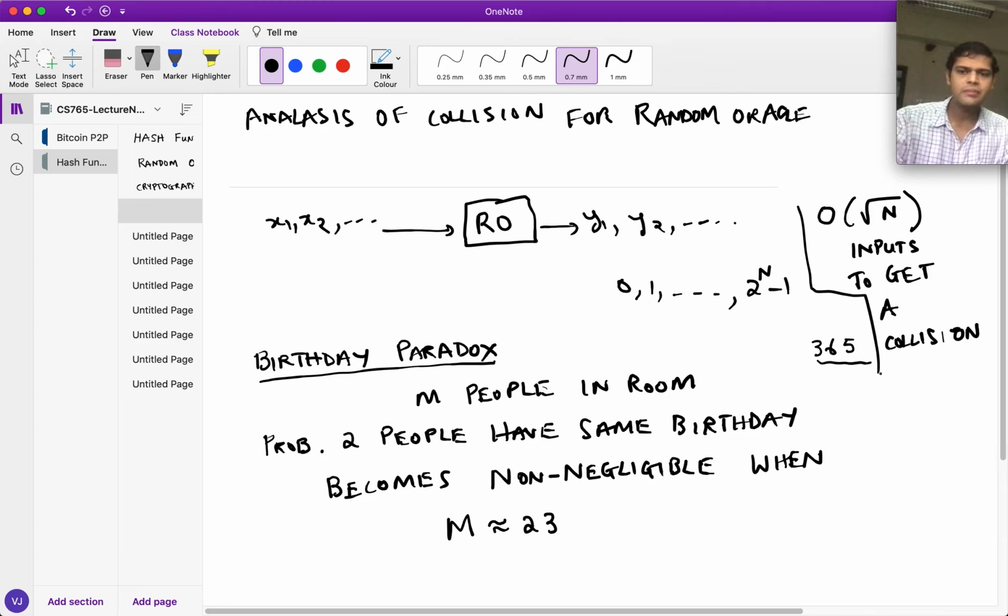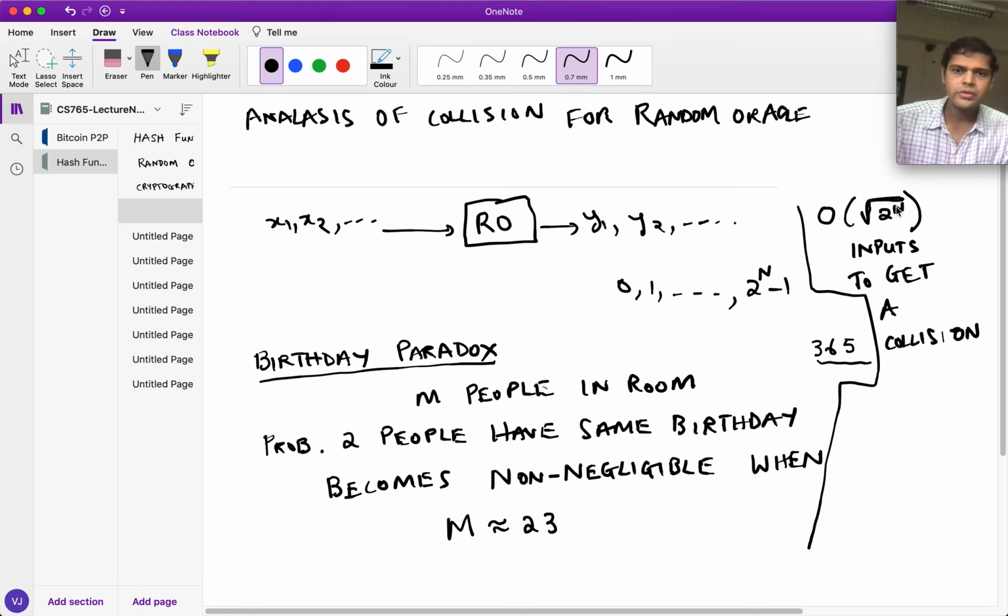Okay, so this can be mathematically proved, and many of you have seen it in your earlier classes, right? So order of root n, I beg your pardon, it's order of root 2 to the power of n, which is the size of the output.